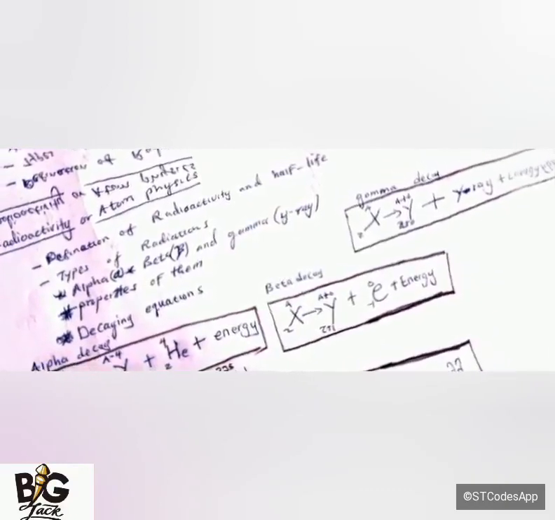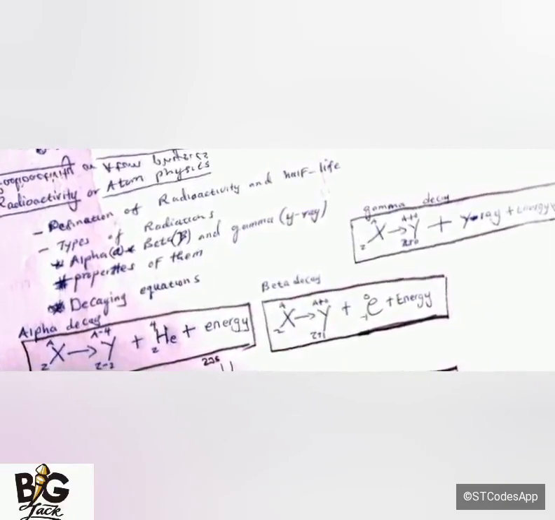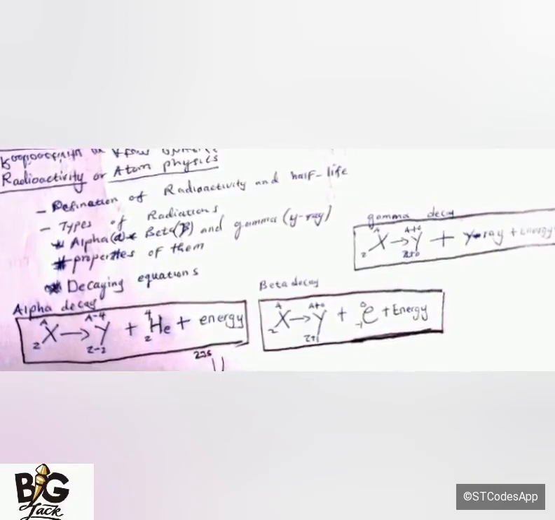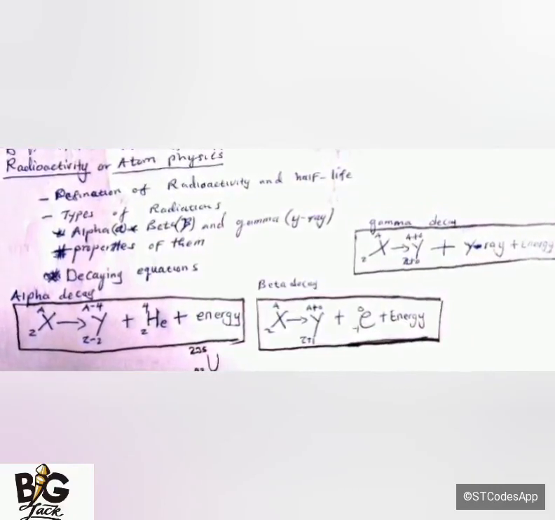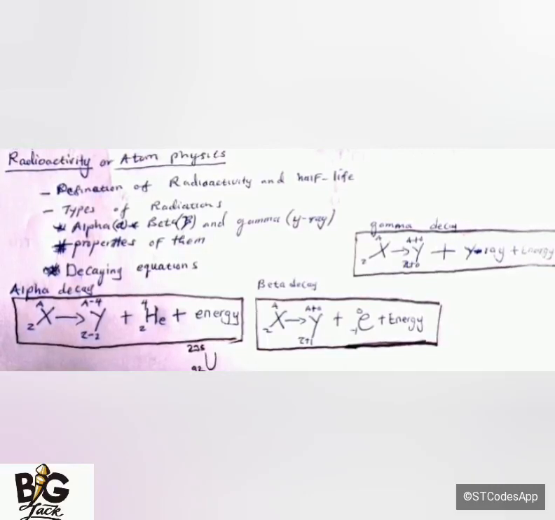Apart from that, you need to know the different types of radiation: alpha radiation, beta radiation, and gamma or gamma-ray radiation. You also need to know the properties of the different types of radiation.